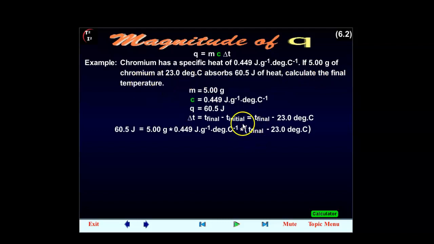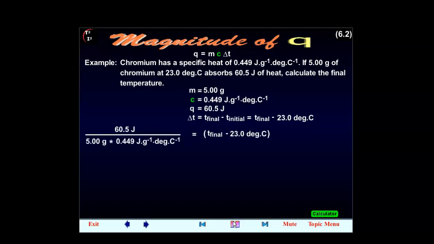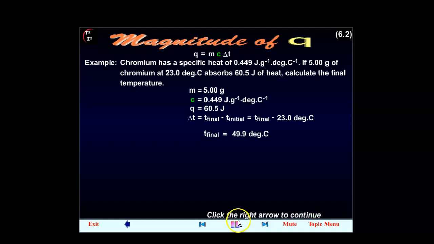So we're now looking for this T final, which is going to be your final temperature on the question. T final equals 49.9 degrees Celsius. All right, this should be straightforward. You have to pause the video to make sure you know how to calculate this area. It can be tricky sometimes.